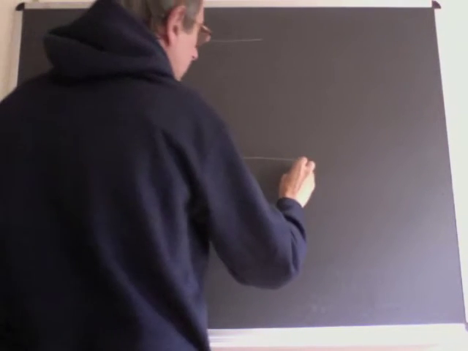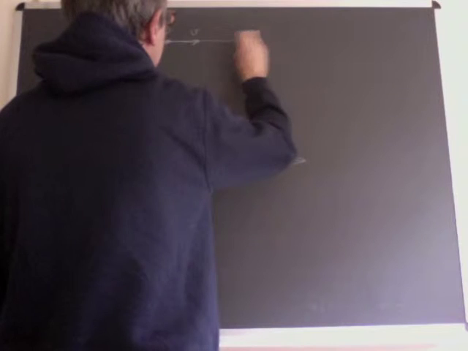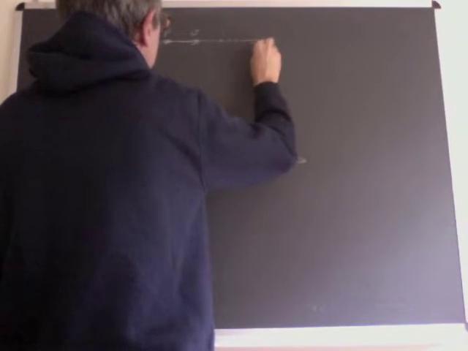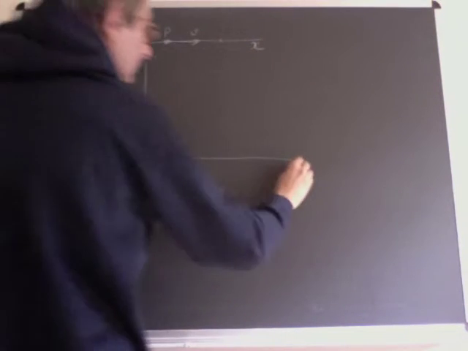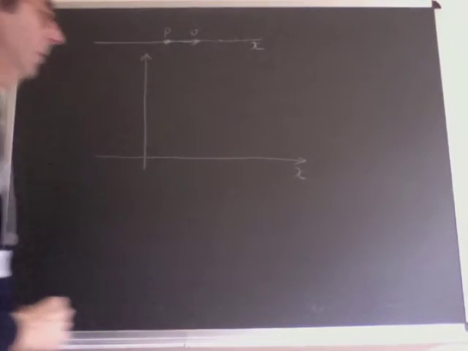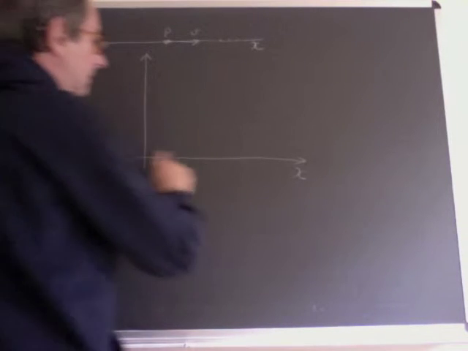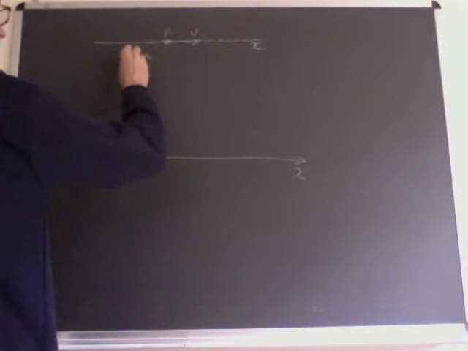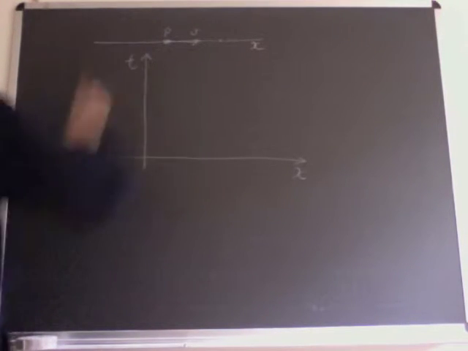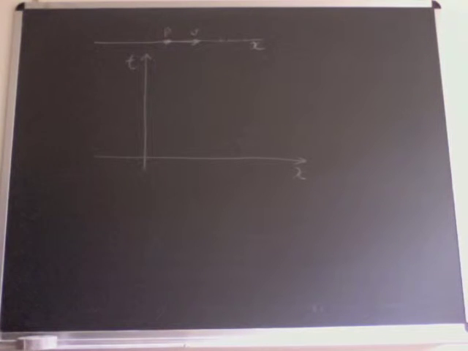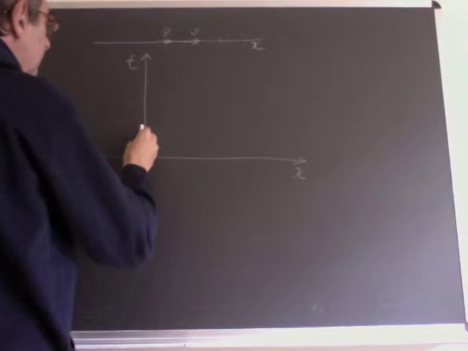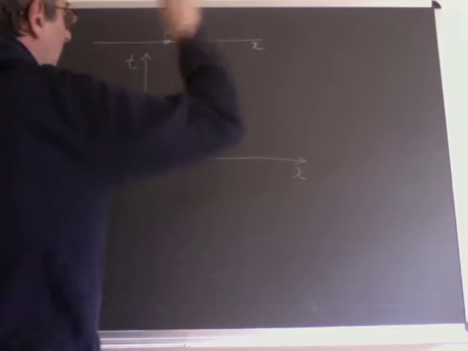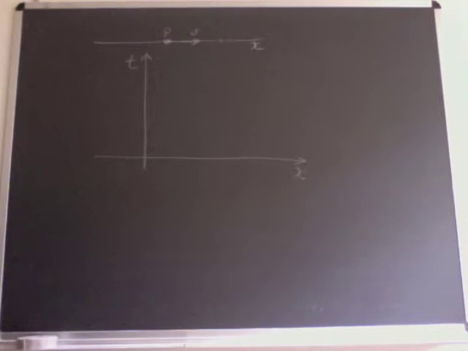We call the position of the point on this line x, and x will correspond to this horizontal line, and we can label t the instant of time corresponding to the different points along the line.